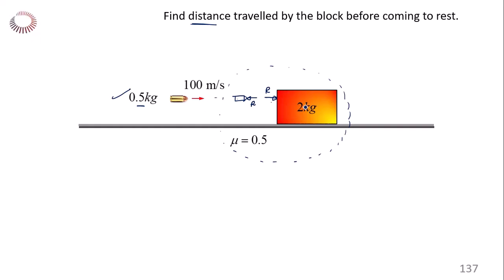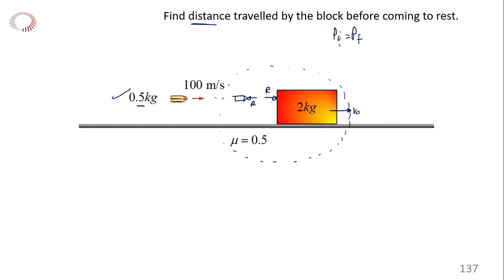Let us say just after impact, the block is moving with the velocity v0. So conservation of momentum is being applied just before and just after the collision. The initial momentum should be equal to the final momentum. Though the impulsive force is there, as a whole the impulse cancels out, so I can write this.